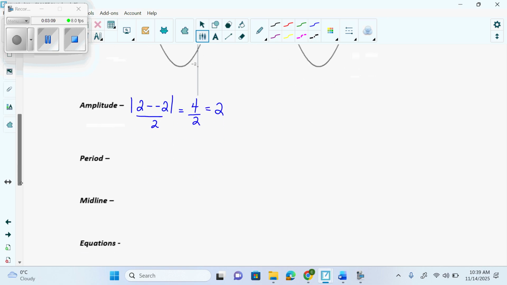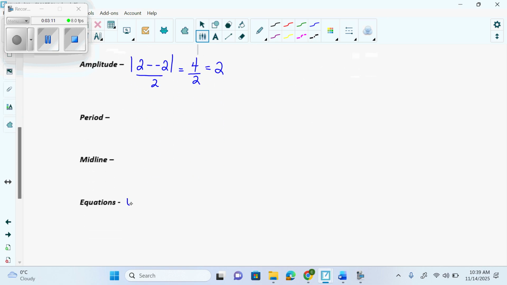So now we're going to get y equals positive 2 sine, y equals negative 2 sine, y equals positive 2 cos, y equals negative 2 cos.